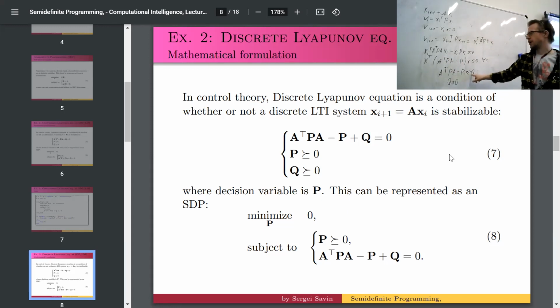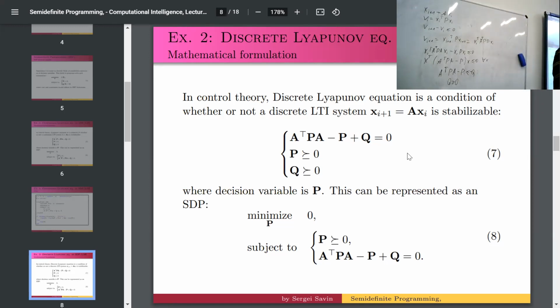Notice that I write it as minus Q here, while on the slides we have something like this. Just switch between the signs, right? Another thing is that here there is an inequality sign, there it is equality.